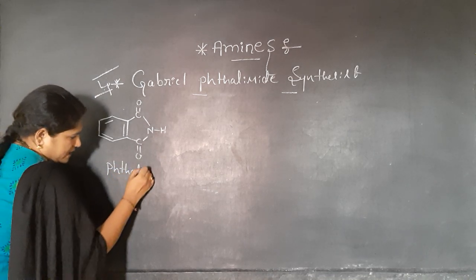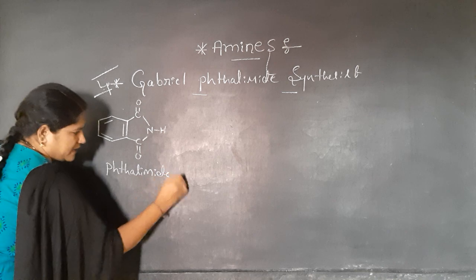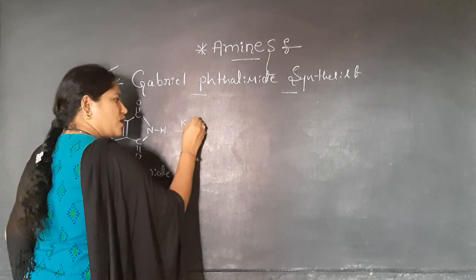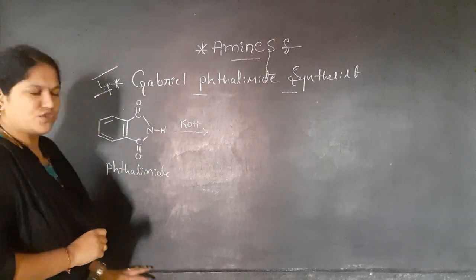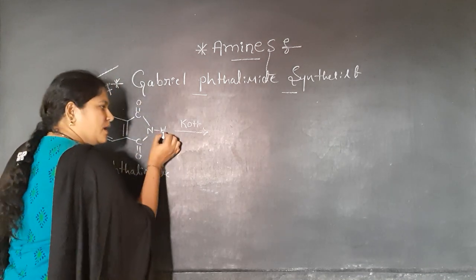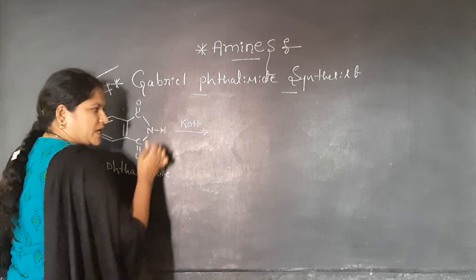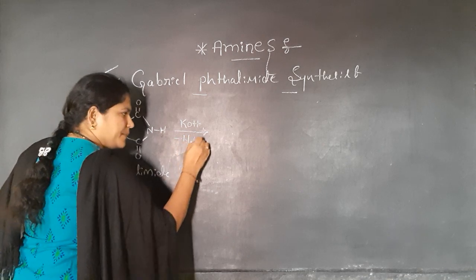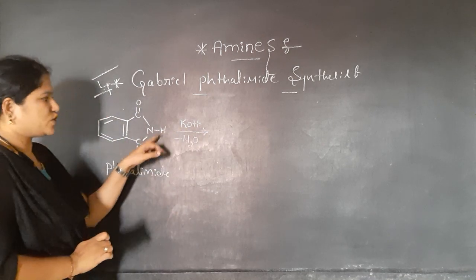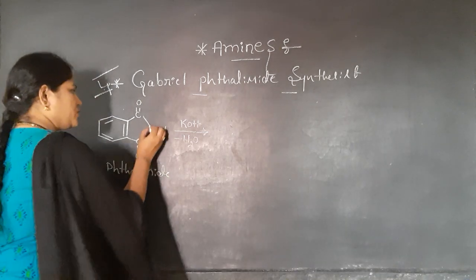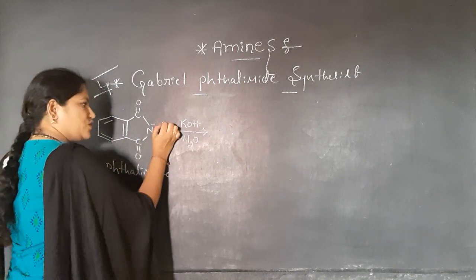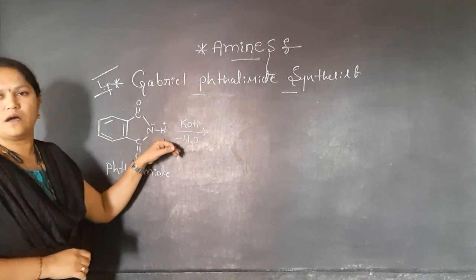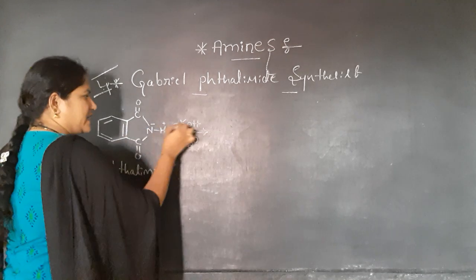This initial reactant, phthalimide, is made to react with aqueous solution of potassium hydroxide. Here hydrogen gets replaced by potassium and hydrogen is eliminated in the form of water. Simple. So there is a replacement of this hydrogen atom by potassium. Here nitrogen carries a negative charge, hydrogen carries a positive charge, so that there is a replacement of hydrogen by potassium.